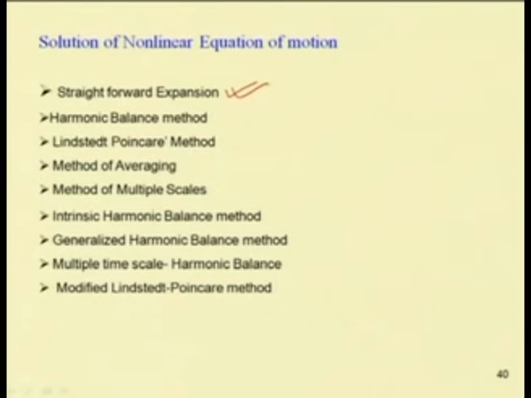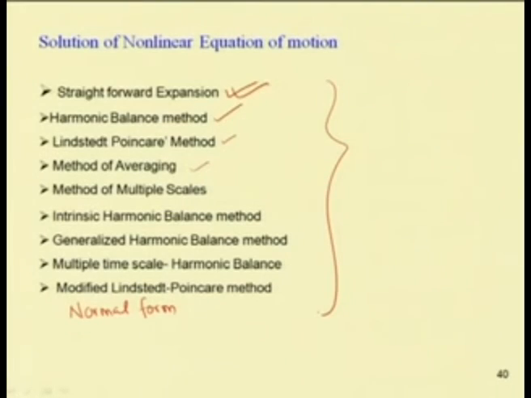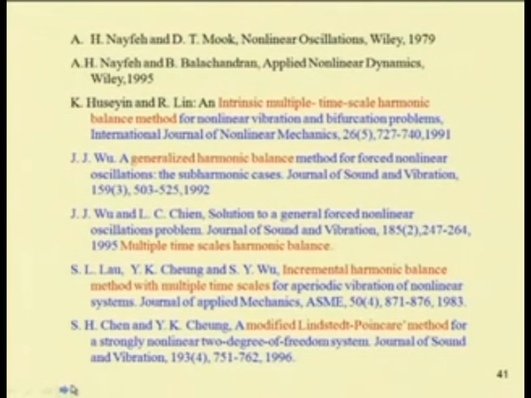So, one can use other types of methods: the harmonic balance method, Lindstedt-Poincare method, modified averaging method, method of multiple scales, intrinsic harmonic balance method, generalized harmonic balance method, multiple time scale harmonic balance method, modified Lindstedt-Poincare method. Also one can use the normal form method or center manifold method to find the solution of the nonlinear equation of a particular system.